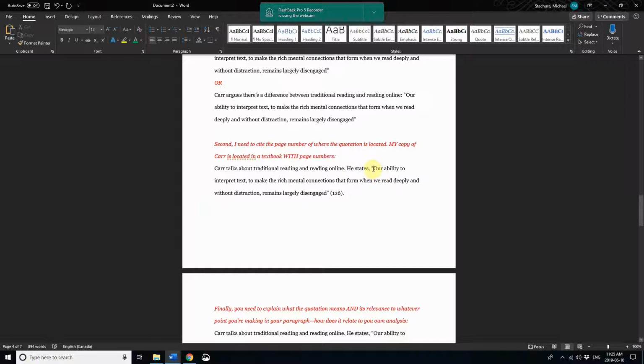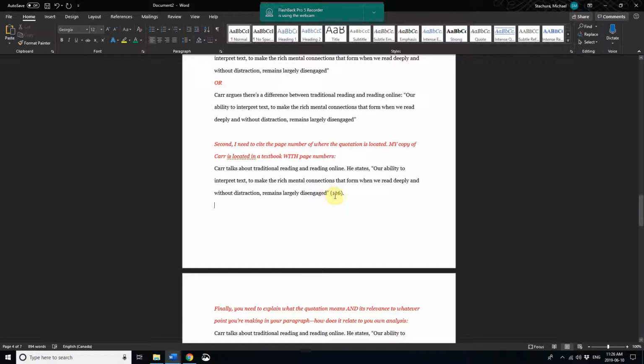All right. So what you want to do is provide quotation marks right here. So at the beginning of the quote and at the end of the quote, you put the parentheses after the quotation marks in a short quotation. Okay, so quotation marks right here, and then you add the parentheses right after the quotation marks.